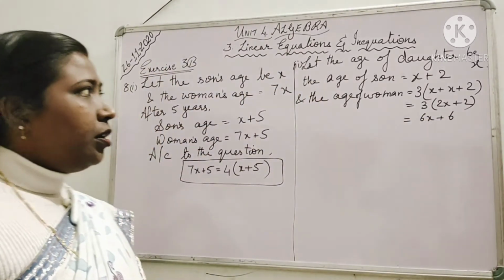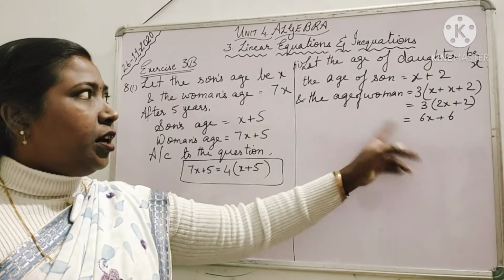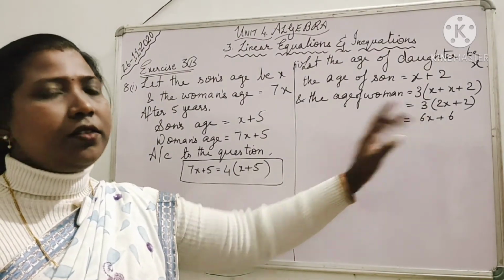Clear, students? Now age of woman is 6x plus 6.